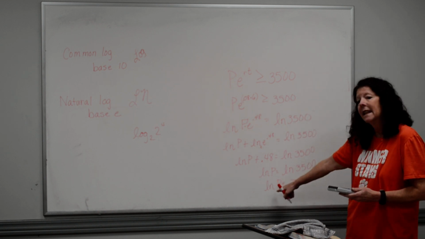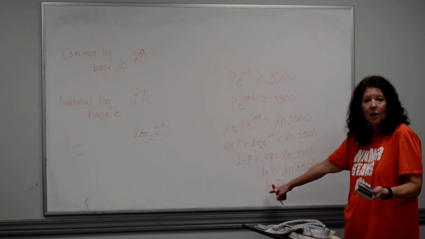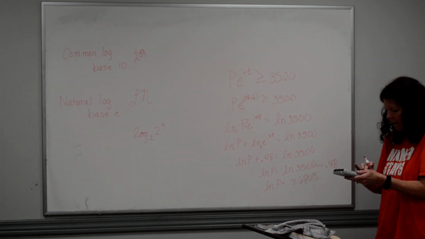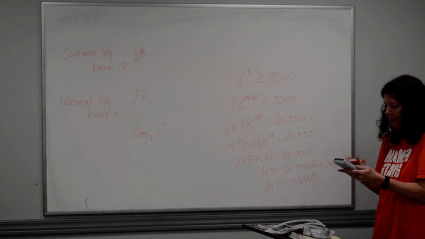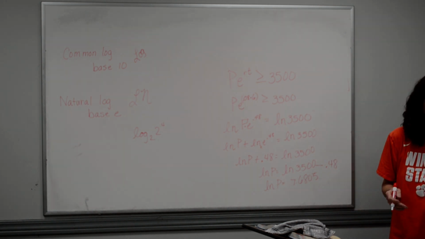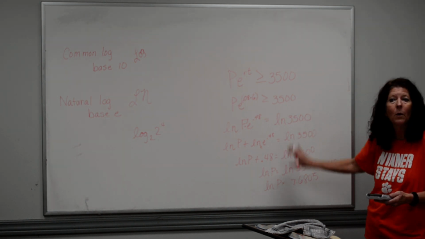Now I've got to take the inverse, because I have the natural log on one side, so I take the inverse natural log of 7.6805, and I get the exact same thing I got when I just put it in the calculator. I do not know why they did that.